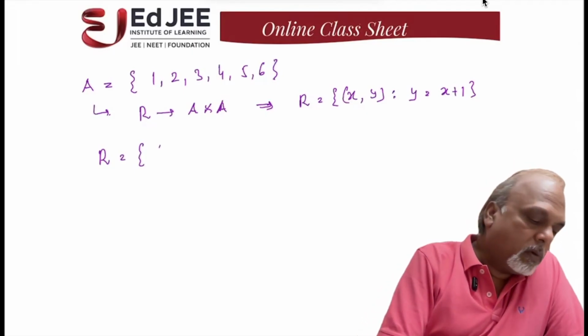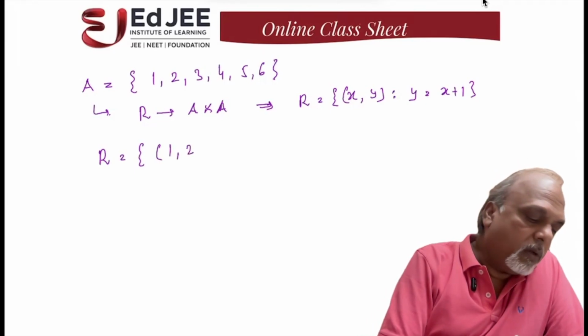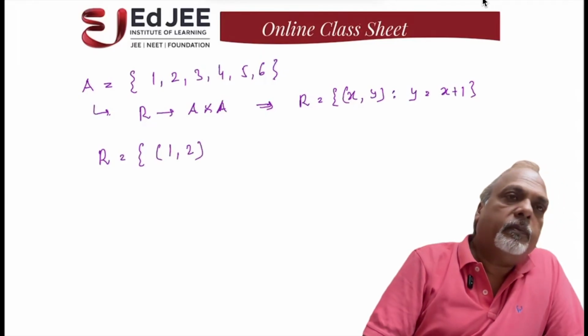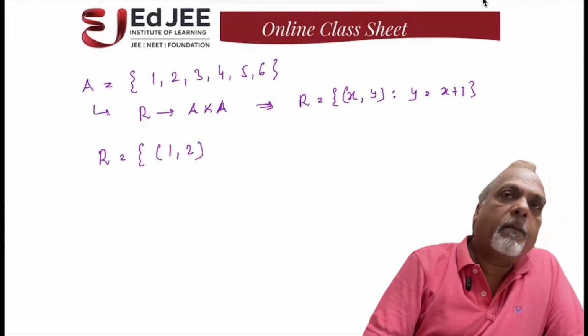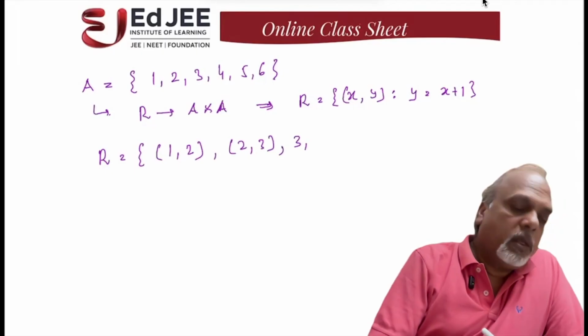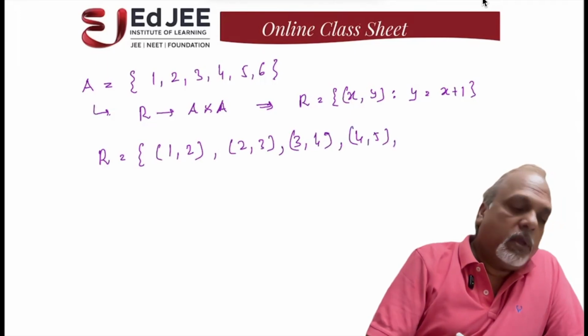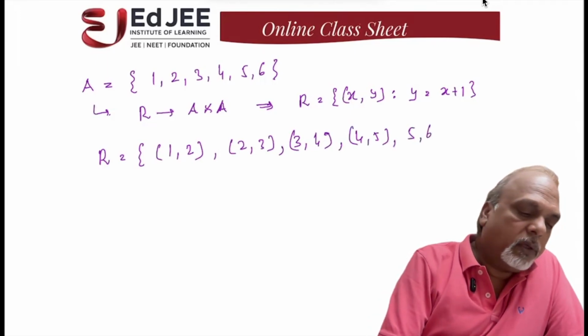If X is 1, then Y is basically X plus 1, that is, this will be 2. Then if X is 2, naturally it will be 3. Then X is 3, then it will be 4. Then X is 4, then it will be 5. Then if X is 5, then it is 6.